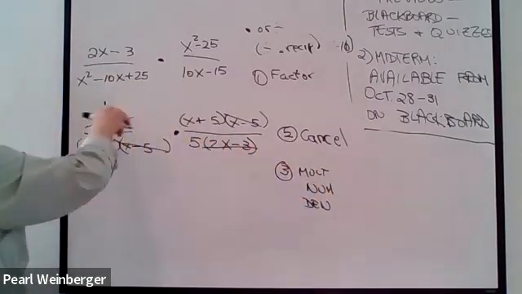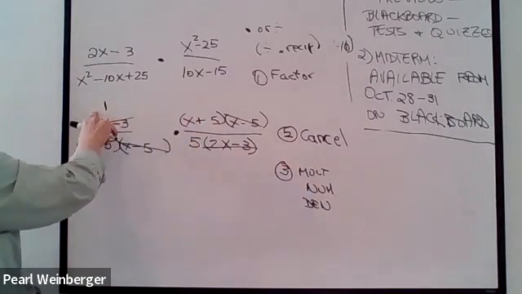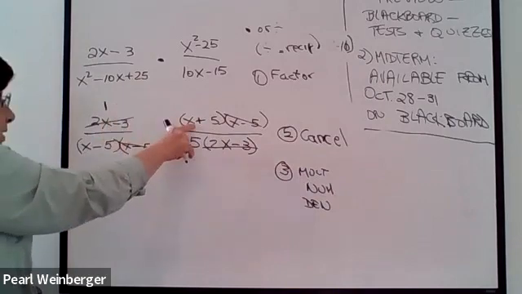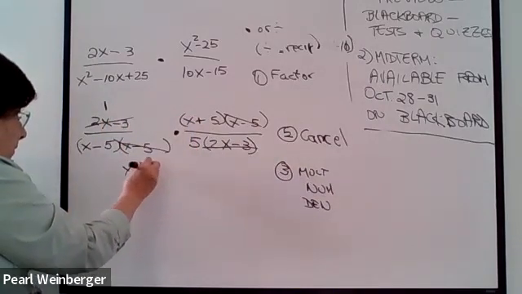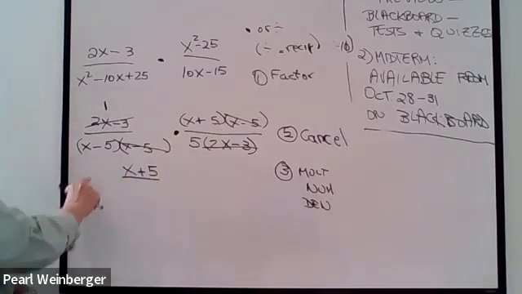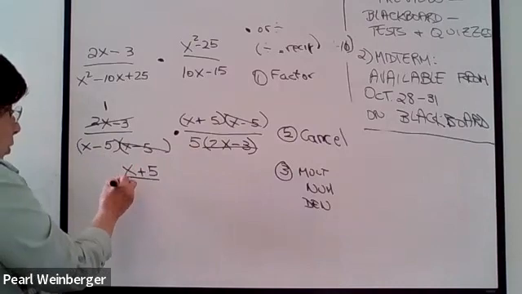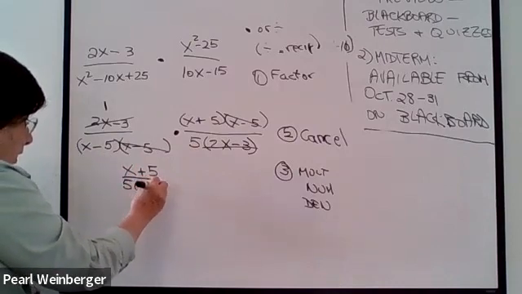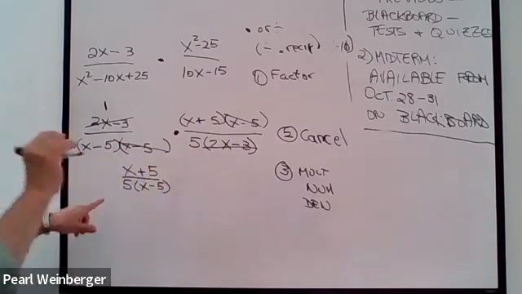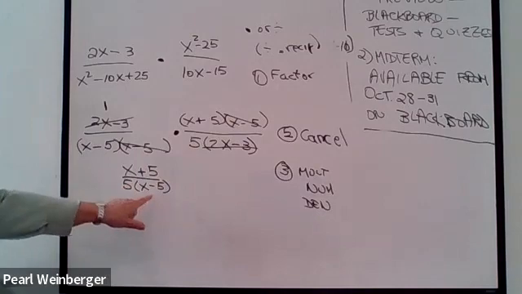I don't cross multiply. I multiply the numerators. So the first numerator is 1 times x plus 5, which gives me x plus 5. That's the numerators, and the denominator is x minus 5 times 5, which I could leave in its factored form, leaving the 5 and the x minus 5.